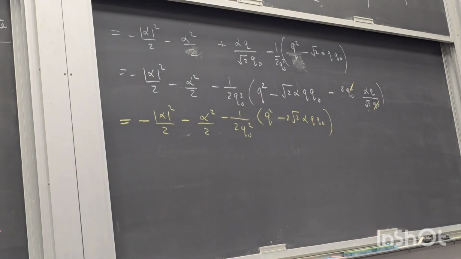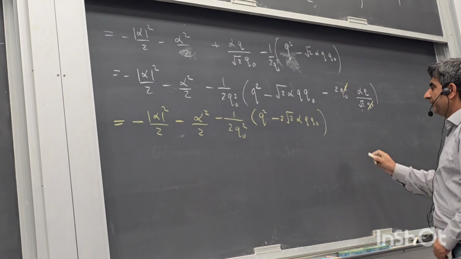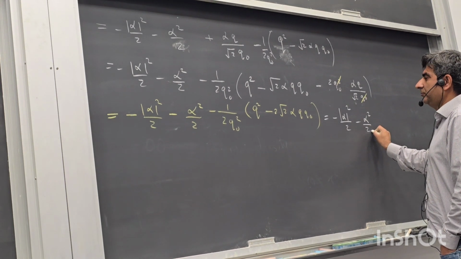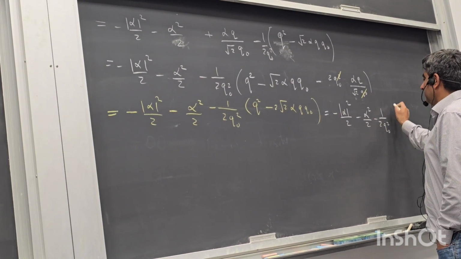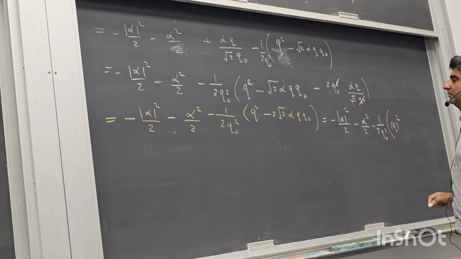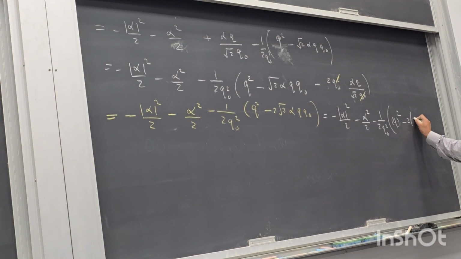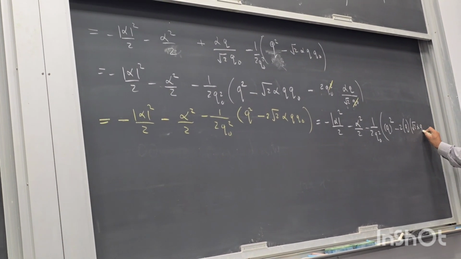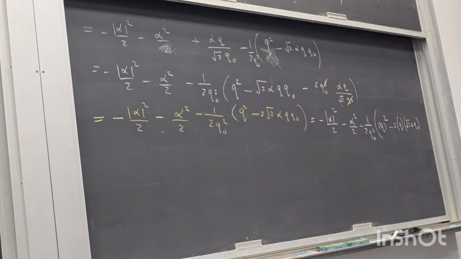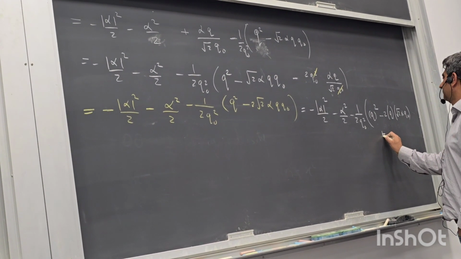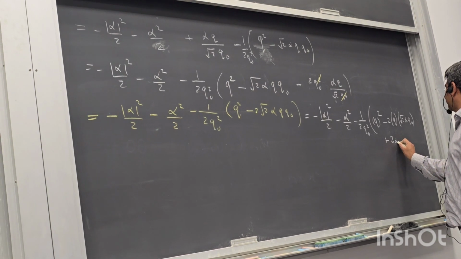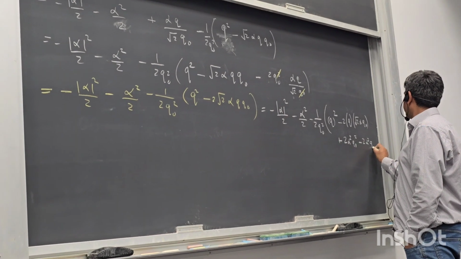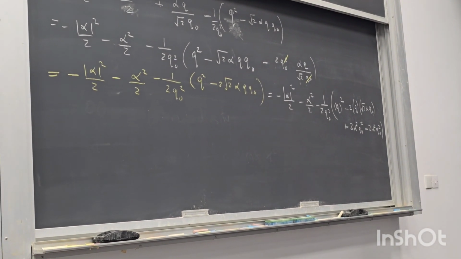Right. So now I want to complete the squares. This becomes minus alpha mod square over 2 minus alpha square over 2 minus 1 over 2 q naught square. This is q squared minus 2 q under root 2 alpha q naught plus 2 alpha square q naught square minus 2 alpha square q naught square. Right?